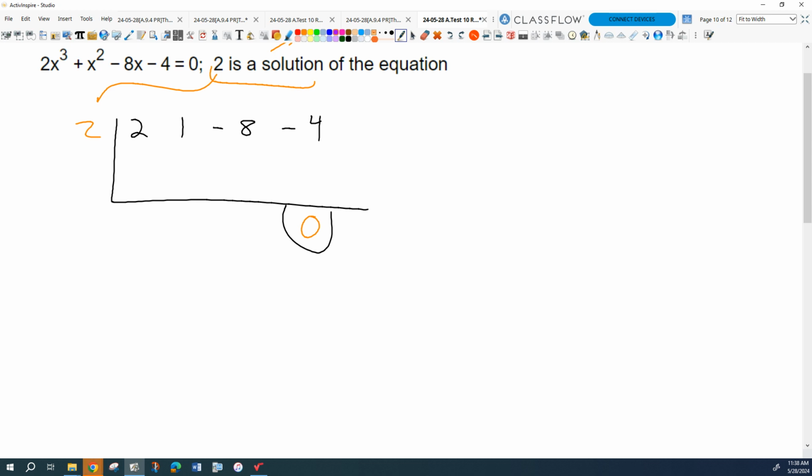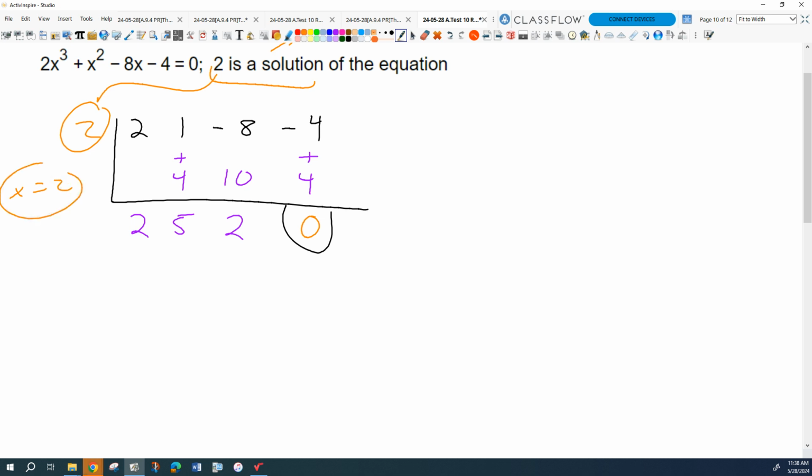Bring the 2 down. 2 times 2 is 4, plus 5 is 10... 4. Oh, plus 2, right? Yep, 2, 4, 0. Wait a minute. Oh, that's right. Okay, so now to find my other solutions, I have one solution right there.